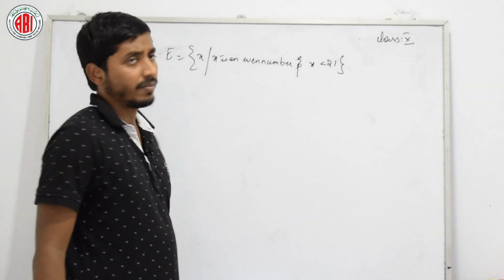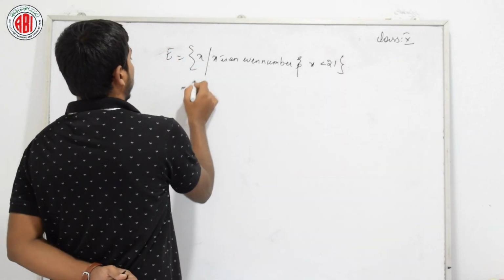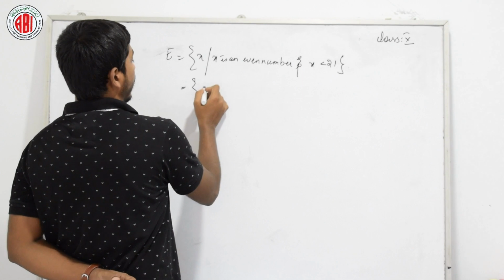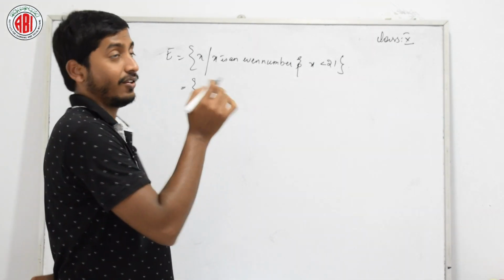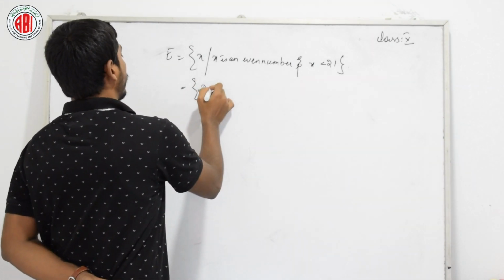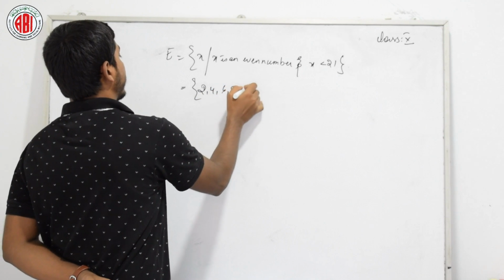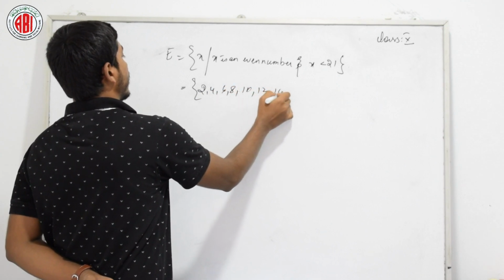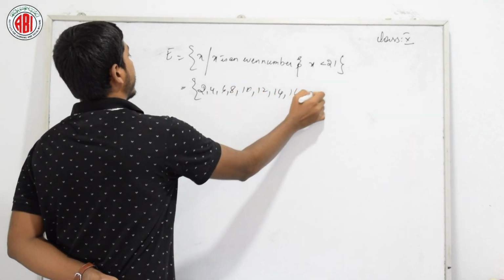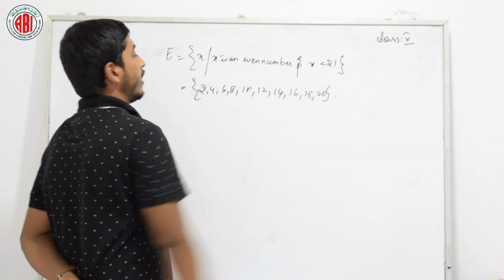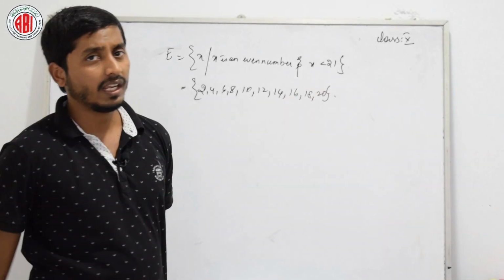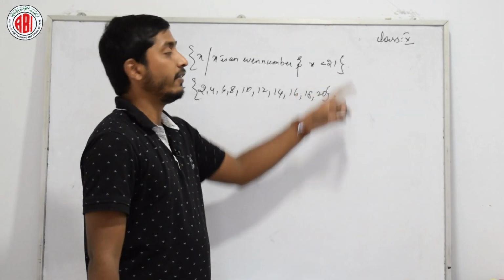What are the different even numbers up to 21? We can write 1. Is 1 an even number? No. 2, 4, 6, 8, 10, 12, 14, 16, 18 and 20. These are the different even numbers less than 21.